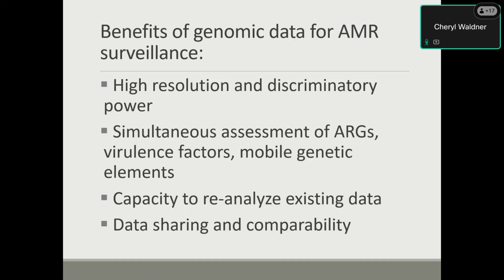The other cool thing about metagenomics and certainly whole genome sequencing as well is it allows us not just to look at antimicrobial resistance genes. We can at the same time look at virulence factors that are traveling together in a sample or in an organism. We can look at mobile genetic elements, things like plasmids, or in our case, integrative and conjugative elements.